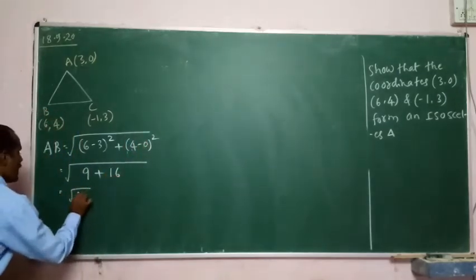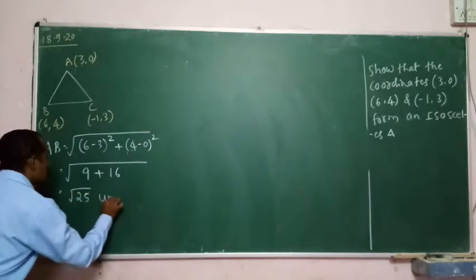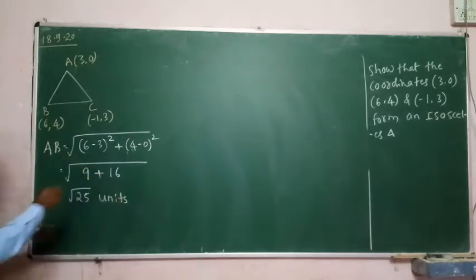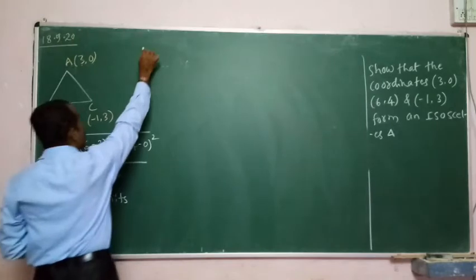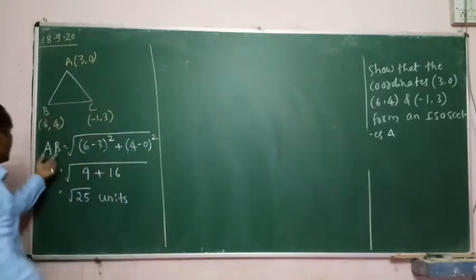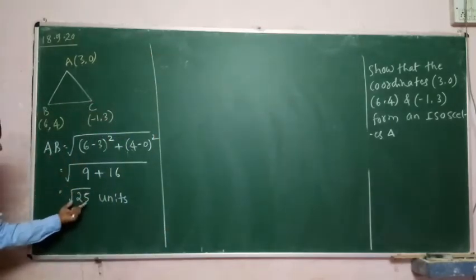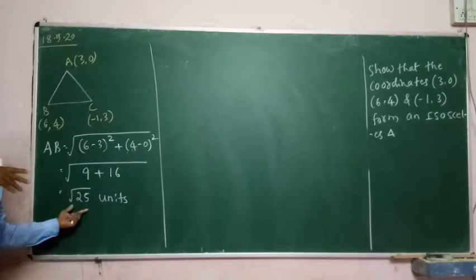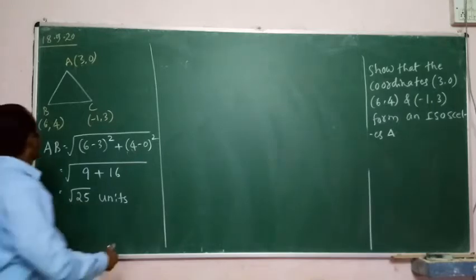Answer is square root of 25 units. This is one length we got, the length of AB. If you want, you can write it as 5 units. No problem.